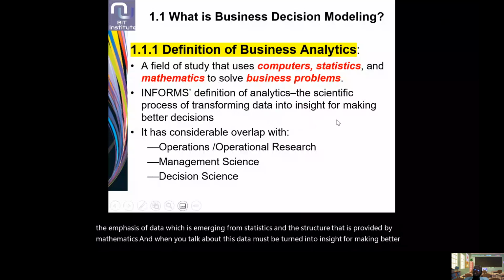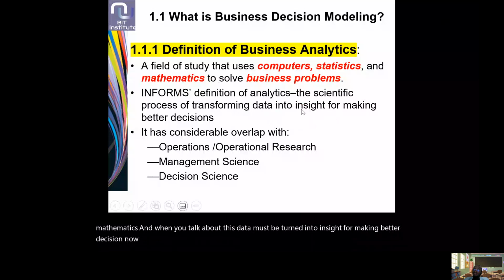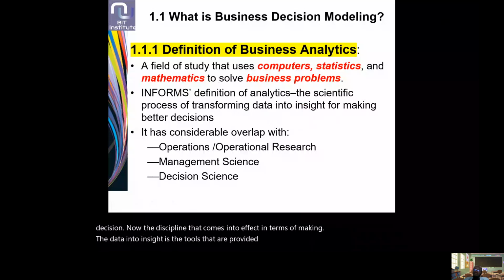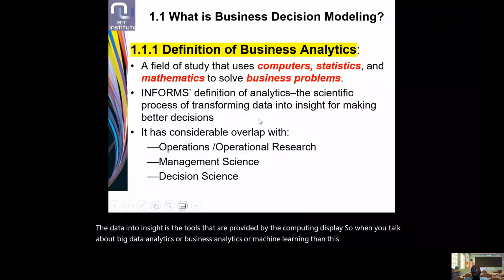Now, the discipline that comes into effect in making the data into insight is the tools that are provided by the computing discipline. So when you talk about big data analytics or business analytics or machine learning, this comes into play because their role really is to transform the data into insight for making better decisions.